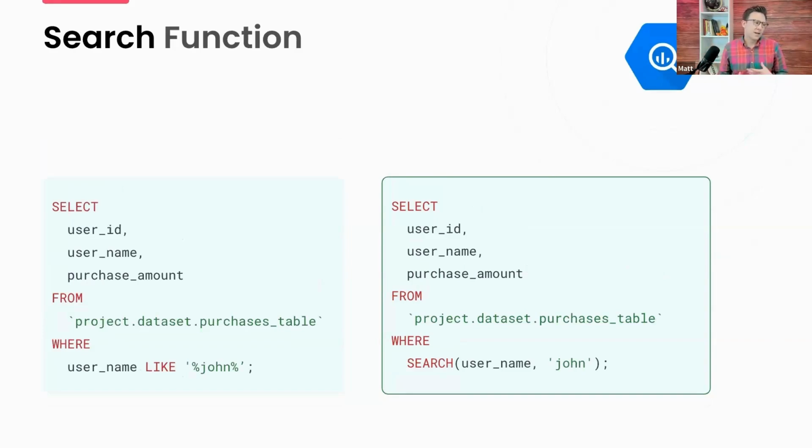The query you'd probably write on the left is something like username, using your wildcards to find the name John. There's actually a function called search that can search across any string data type, or even a dictionary or structure, or an array, and you can use that specific search term. We'll look at that because the 311 data has these outcomes in them, and it's text data entered by the different places.